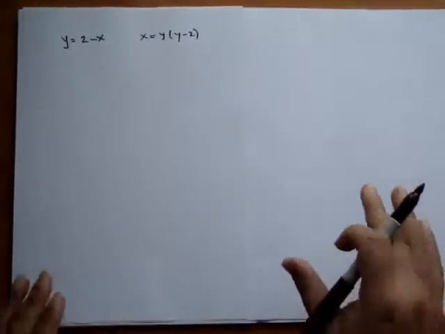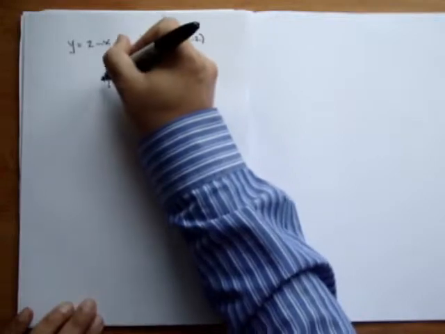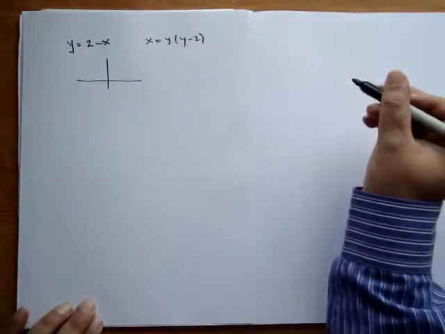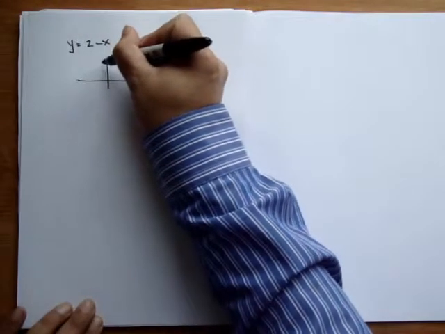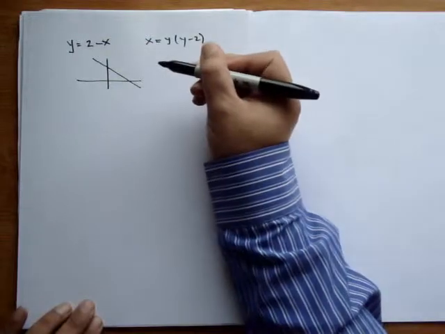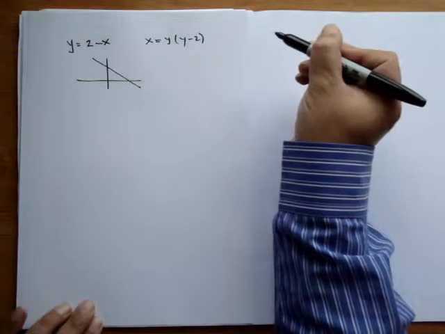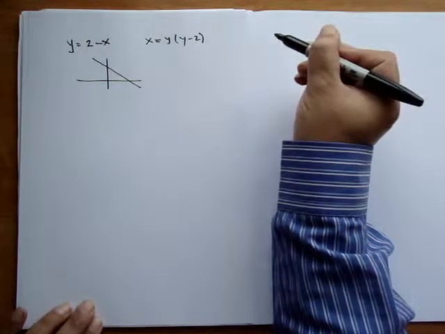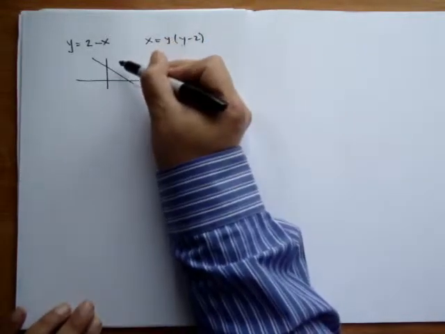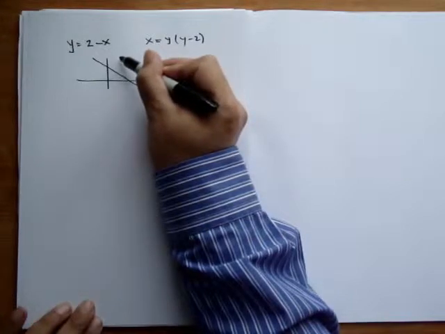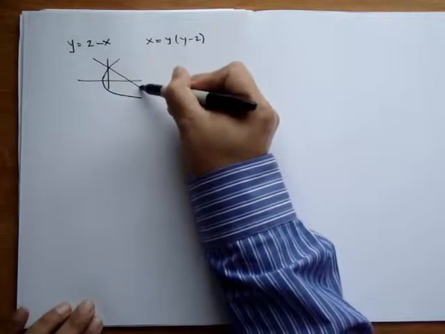Here we're going to have the area bounded by these two curves. If we draw a quick diagram, y = 2 - x is going to be a straight line with a negative gradient, so it's going to go like this, and our curve x = y squared - 2y is going to be a curve which looks like this and then intersects here at the bottom.